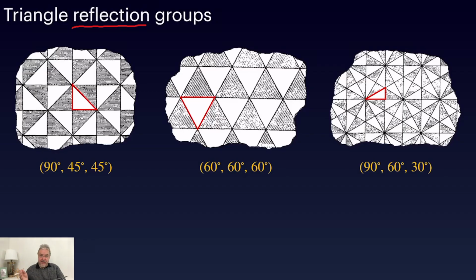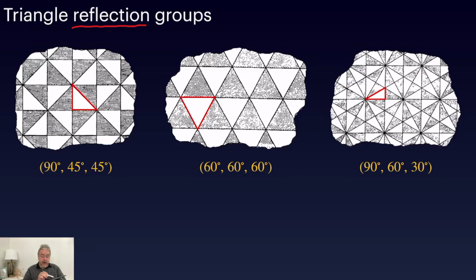And actually this is a reason, since we are focusing here on reflection groups, that I'm considering divisors of 180 degrees and not of 360 degrees, because you want to be able to generate that from reflections, which actually turns into the fact that you get a kind of white and black coloring of your mosaic.